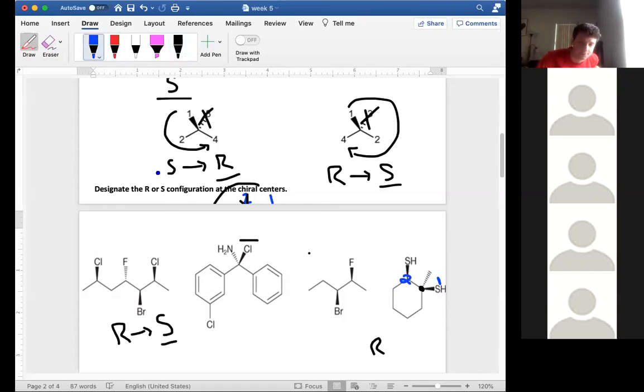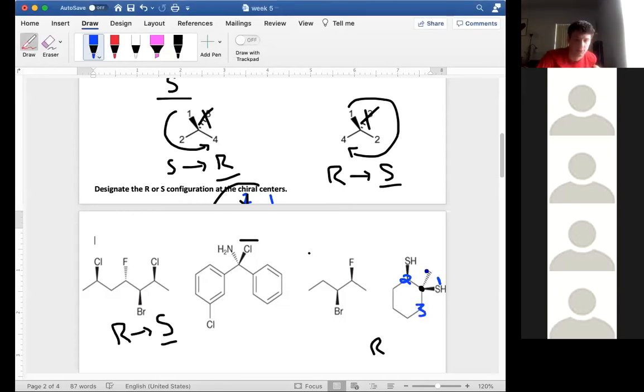And what would be third? Someone says the CH2. Why? Yep, it's attached to another C, which is higher than attached to hydrogens.